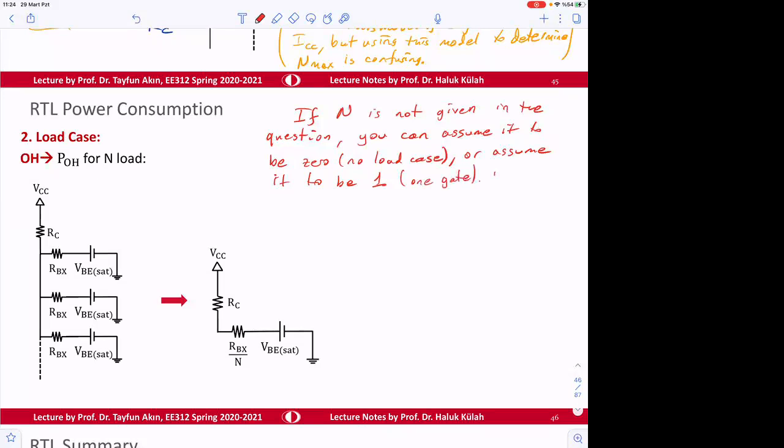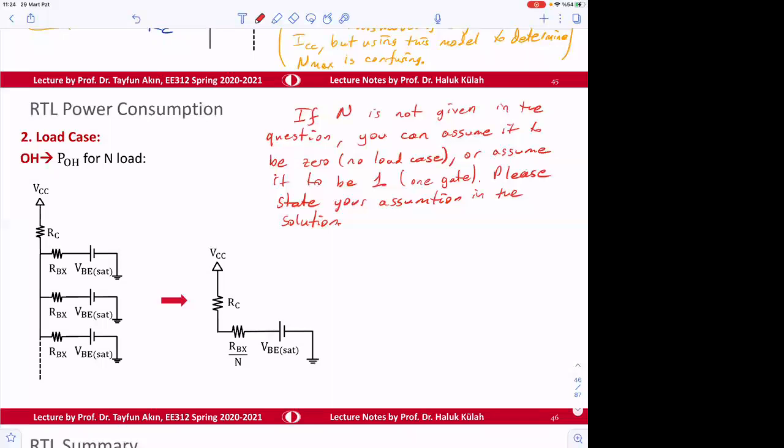Okay. Please state your assumption in the solution.